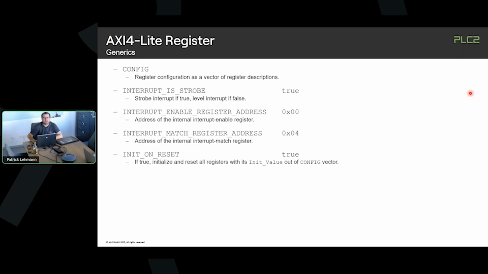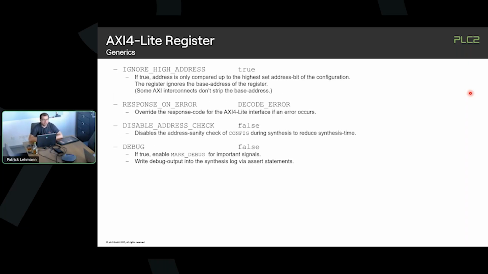You can specify if you want to init the registers on reset or not. In case you don't need the reset feature, you can save lots of resources in the register. You can ignore certain high addresses in the register itself, and you can specify the error response code depending on your environment.